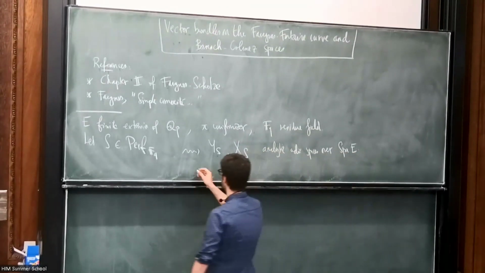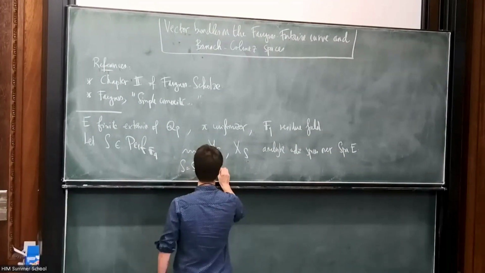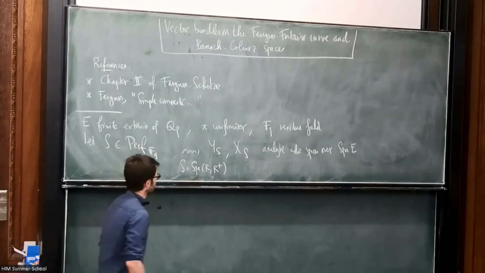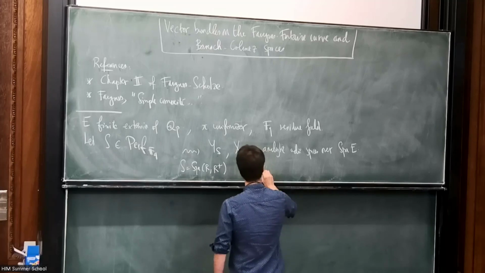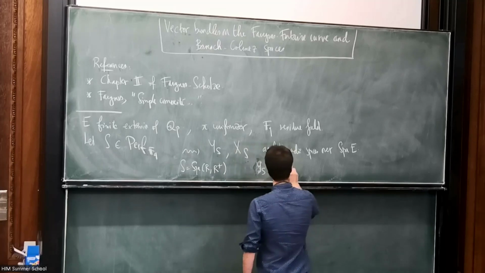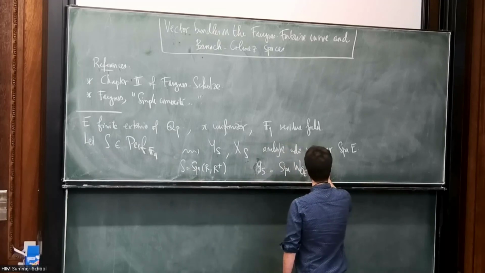And so if S is affinoid perfectoid, then this is defined as we saw. Y_S is defined as the adic spectrum of ramified Witt vectors of R^+.